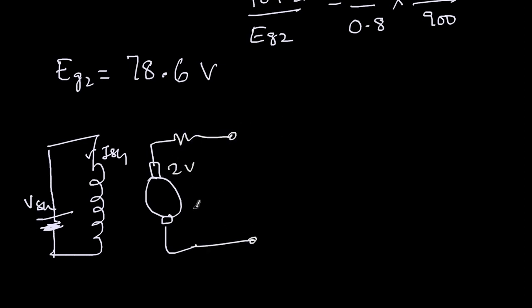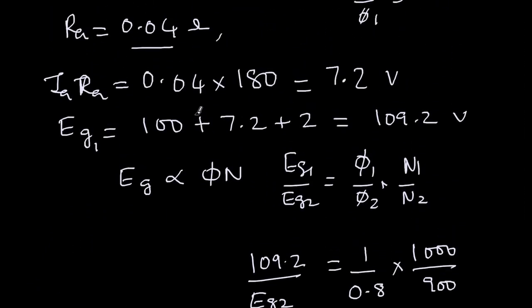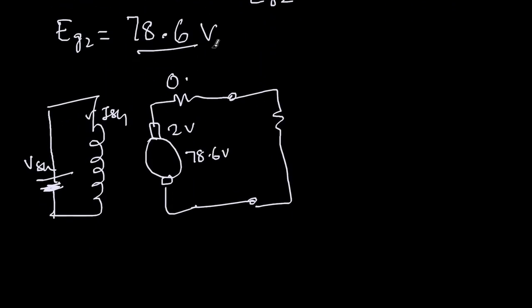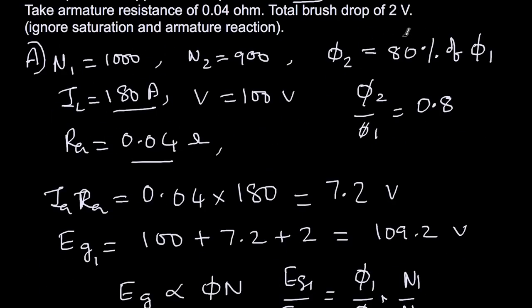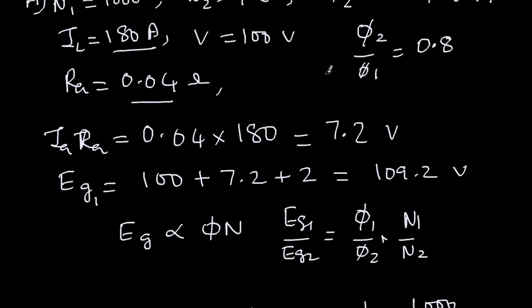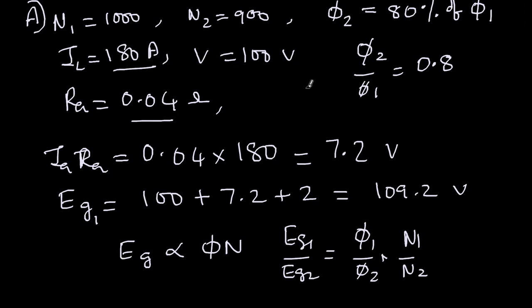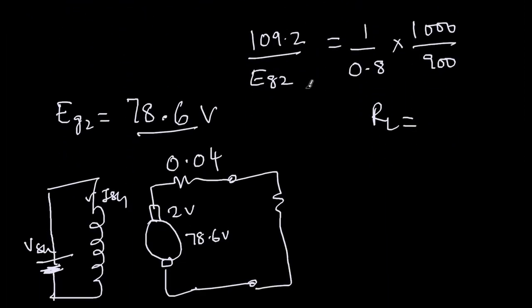So 2 volts will be the drop in the brush. I am generating 78.6 volts, and the remaining is the load resistance and armature resistance, which is 0.04. And then what is the load resistance? From the previous results, I know the load resistance because IL is 180 and V is 100 volts.